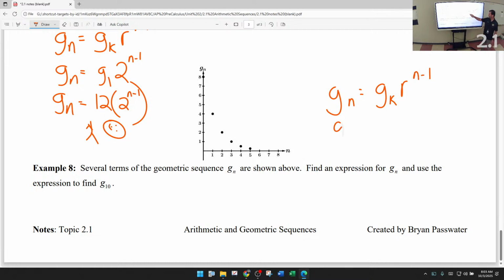G sub n is equal to G sub 0 times R. 8 to 4, 4 to 2, that's 1/2. Oh, n is 0. No, no, we're good. What's G sub 0? G sub 0 is 8.